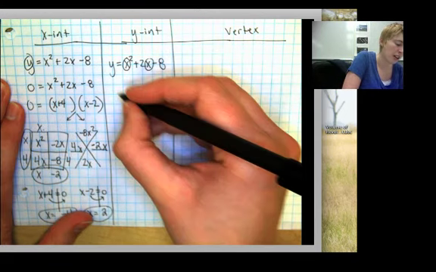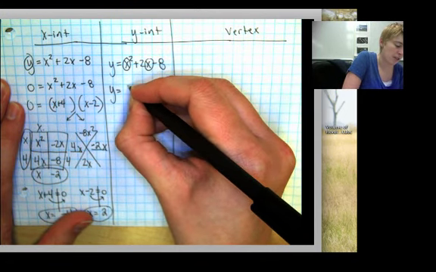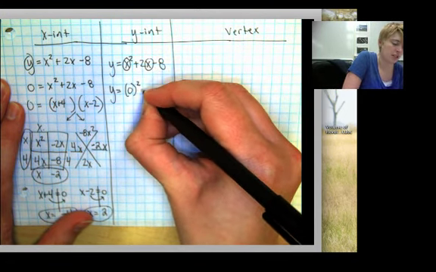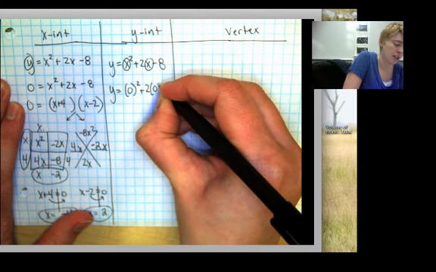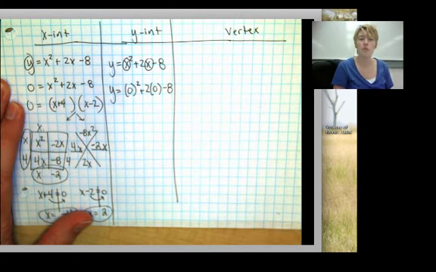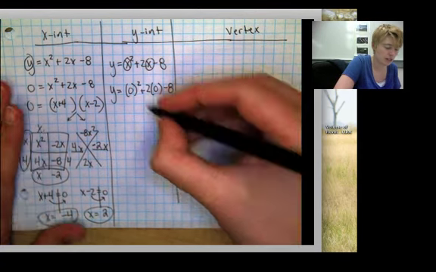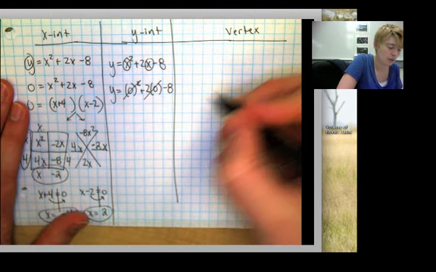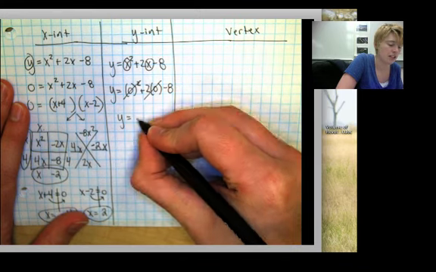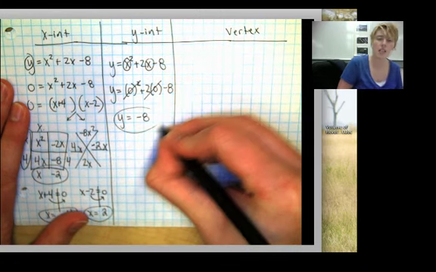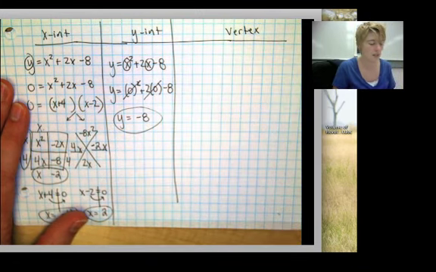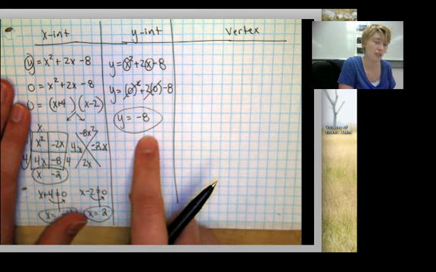So I'm going to have y equals 0 squared plus 2 times 0 minus 8. And really, this is why this one's so much easier. You don't have to factor or do anything weird. The zeros cancel, and you get y equals negative 8. So that's my y-intercept, negative 8. That's an easier one for me to figure out.